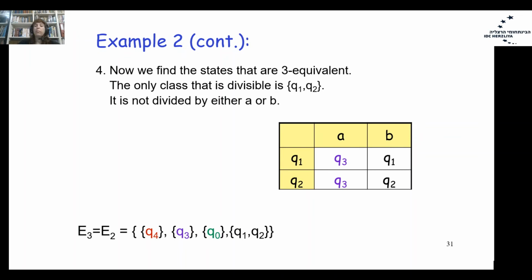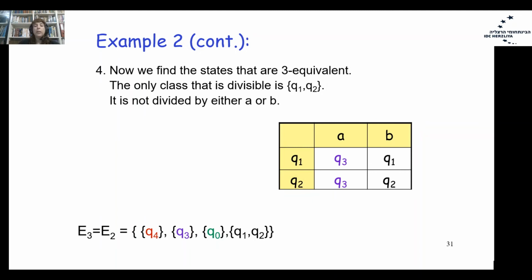But after checking the automaton, we can see that Q1 and Q2 are 3-equivalent. Because on the input A, they lead us to the same state, Q3, and on the input letter B, they lead us to Q1, Q2, which are actually the same class.